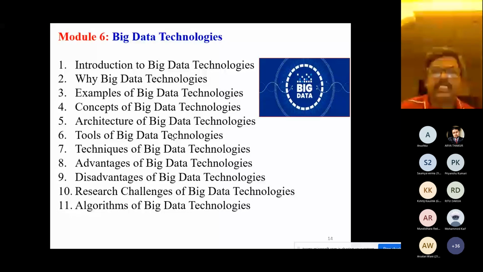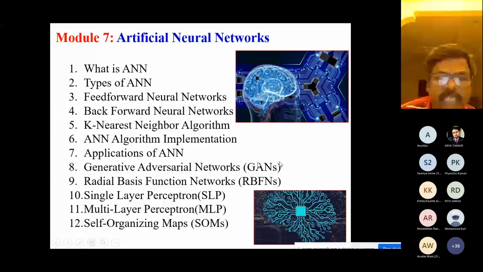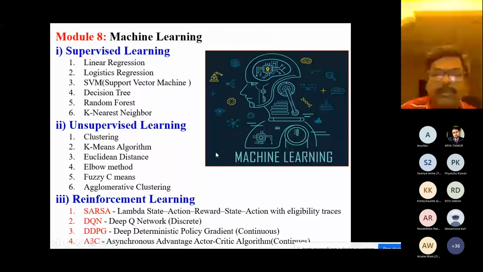Then artificial neural networks. This is the syllabus we are using. And machine learning, there are three approaches we are using: supervised learning, unsupervised learning, reinforcement learning. These are the three very important approaches we are using in machine learning.